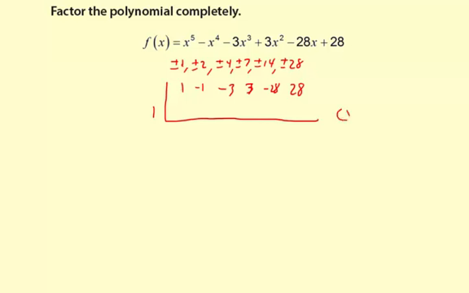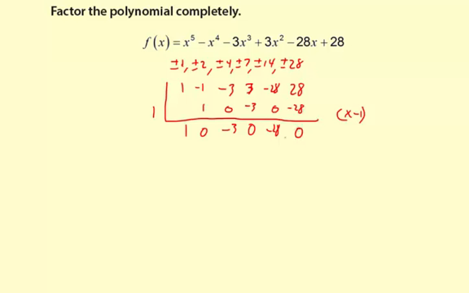Okay, bring down the 1. 1 times 1 is 1, and then add to get 0. 0 times 1 is 0. Add to get -3. -3 times 1 is -3. Add to get 0. 0 times 1 is 0. Add to get -28. -28 times 1 is -28.